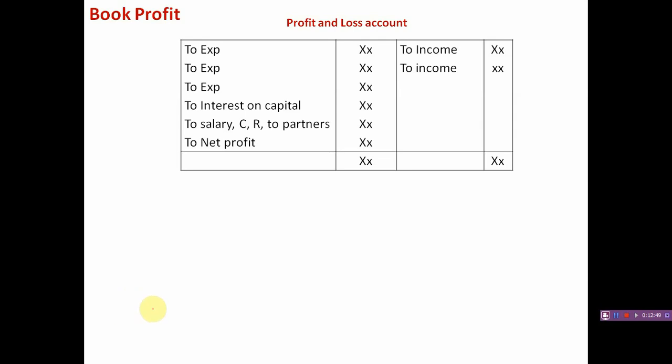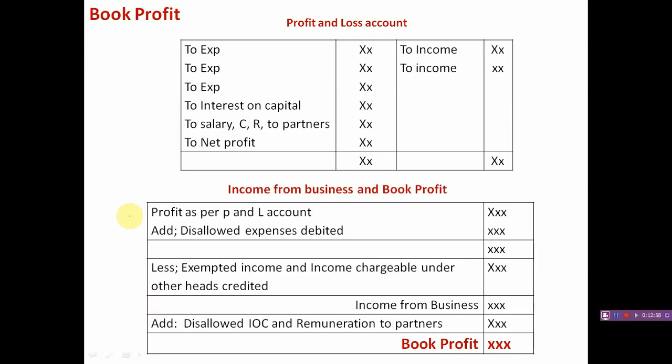Profit and loss account. How do you compute the income from business? If the profit and loss account is given, you know that first we take the profit as per the profit and loss account, then we add the disallowed expenses which are debited to the profit and loss account. Out of these, the expenses which are disallowed, which are not relating to business, are added.